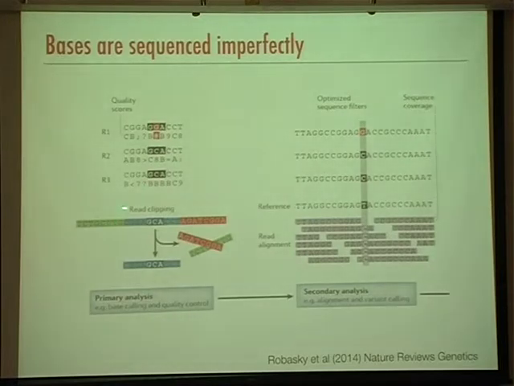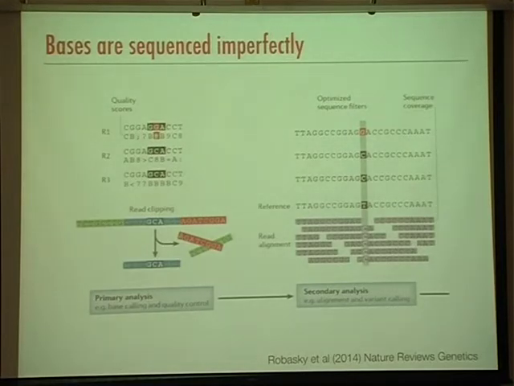So once you have your reads, if you have a reference genome, you align the reads to the reference genome. And that can be problematic in that reads can mismap to the wrong locations. If there are regions of the reference genome that are highly similar to one another, then a read might not be unambiguously mappable to one location or the other.